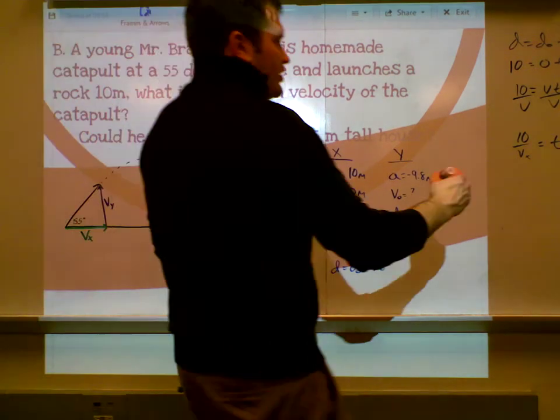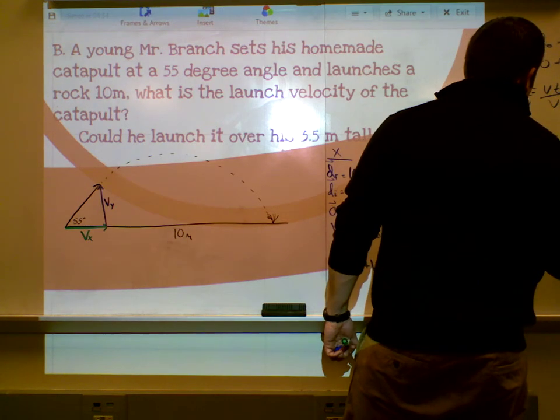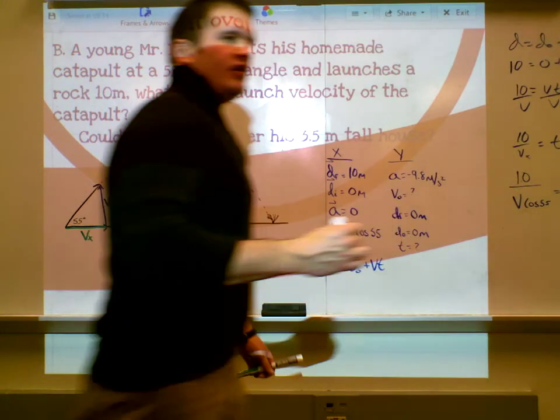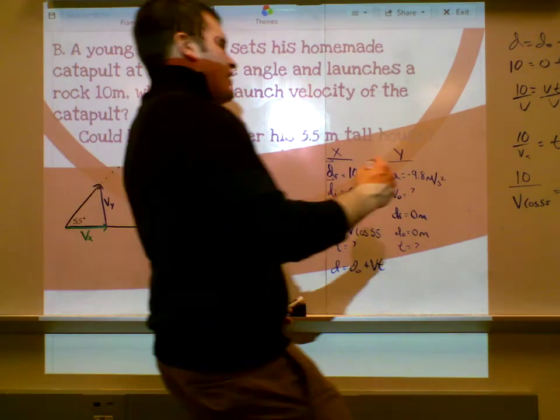So here we have 10 over our total velocity times the cosine of 55. Can we simplify that at all? What's cosine of 55? 0.57.